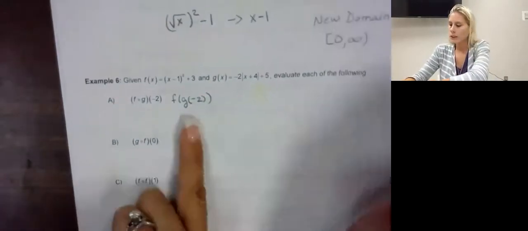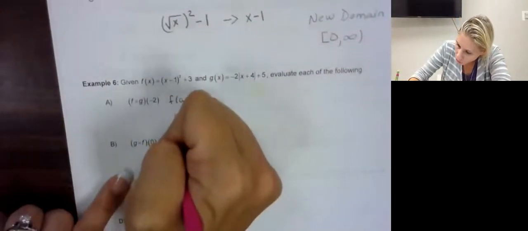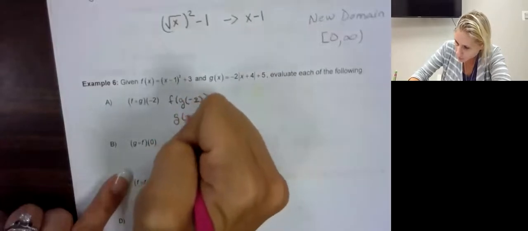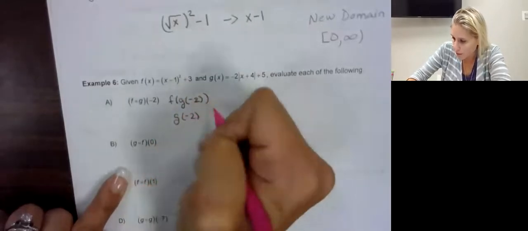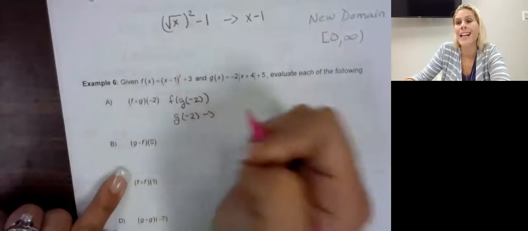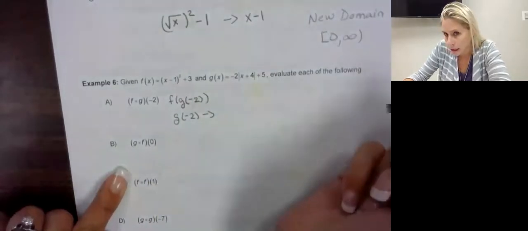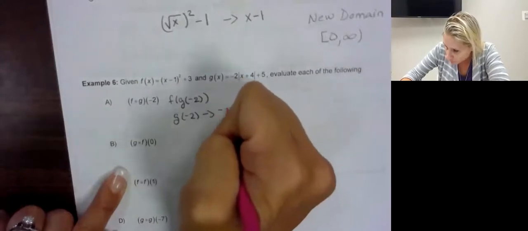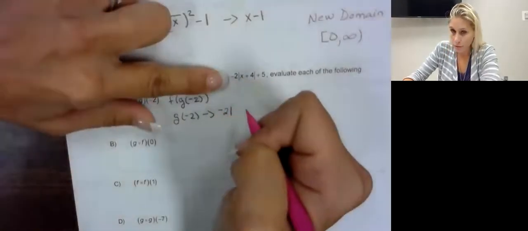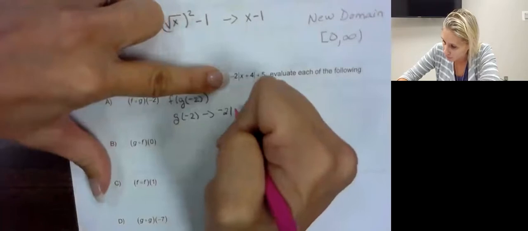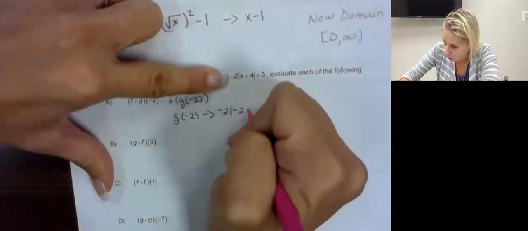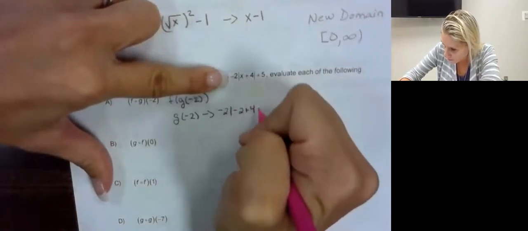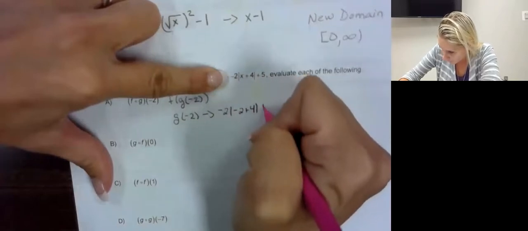So we're going to focus on g of -2 first. And if you remember, g of -2 means we're going to replace every x in g with the number -2. So we have -2 times absolute value of -2 plus 4 plus 5.